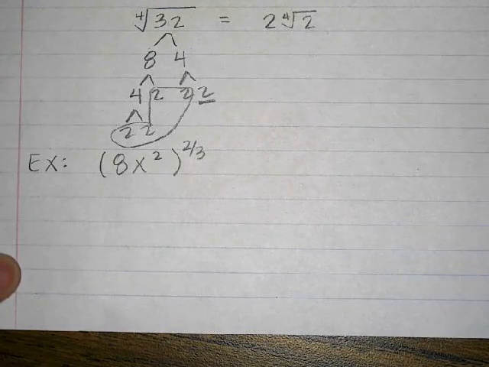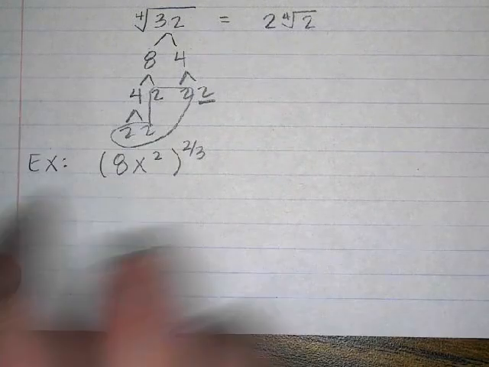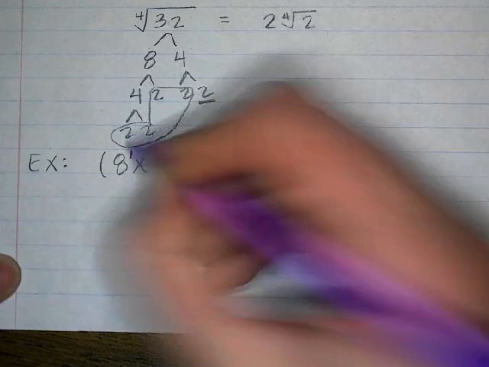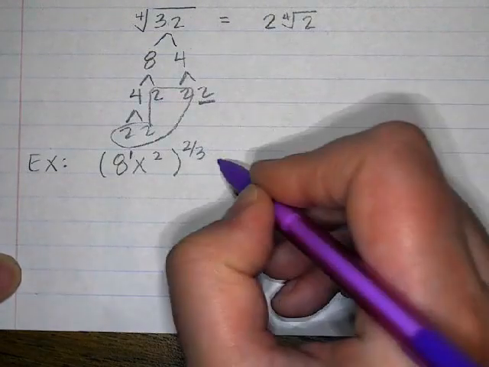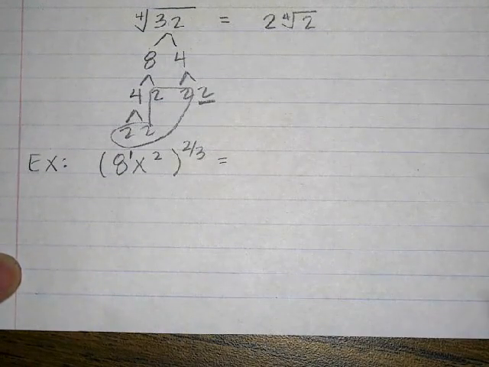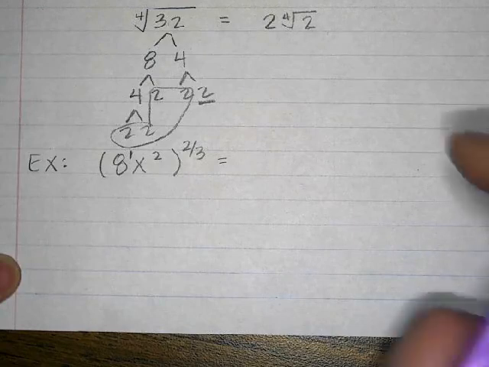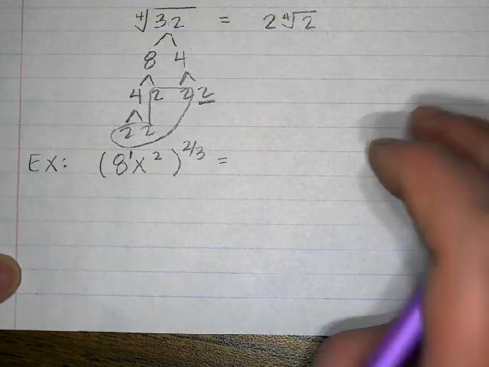What is the exponent for the 8? So 1. Okay, so we actually have 2 exponents inside. Okay, so we don't have radicals. It's already written in exponential form, so we're doing our exponential rules. And what do we do with the exponents? We multiply them. So 2 thirds times 1 is 2 thirds.